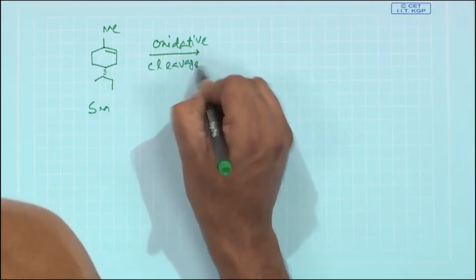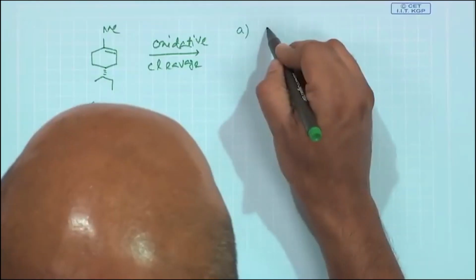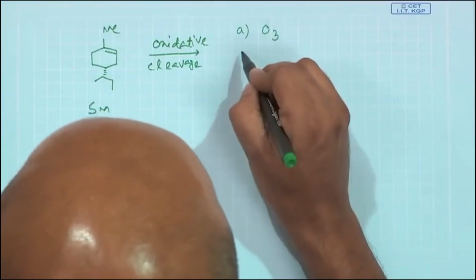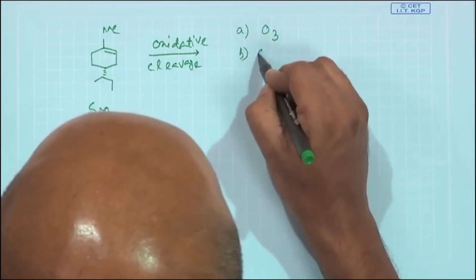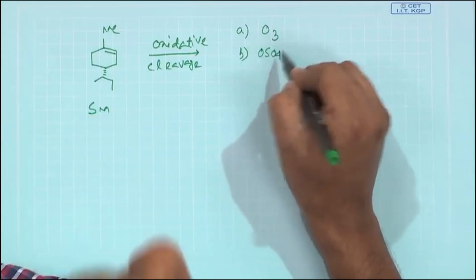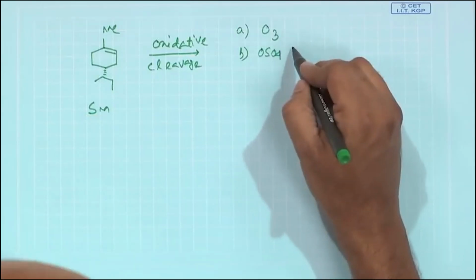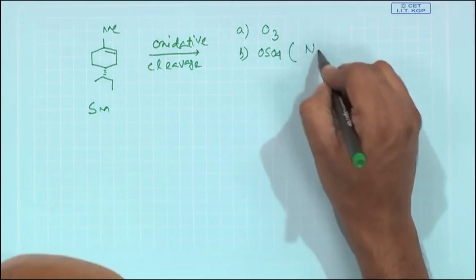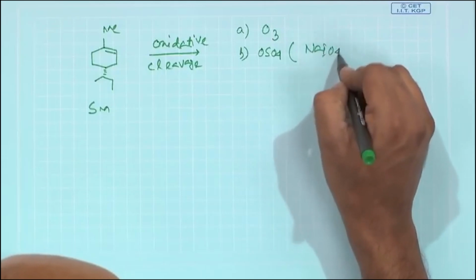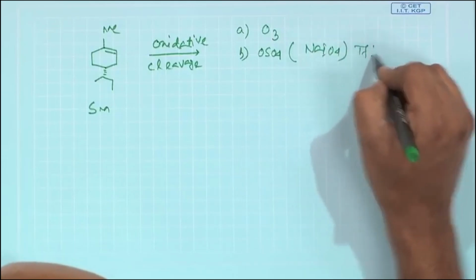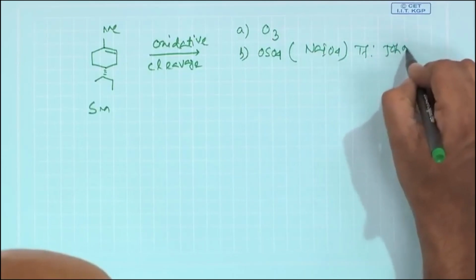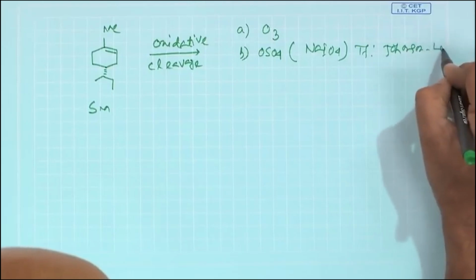You can think about numerous ways to do this oxidative cleavage. You can do an ozonolysis reaction, or you can first make a diol and then cleave this diol with sodium periodate, the transformation we have already seen, the Johnson-Lemieux oxidation.